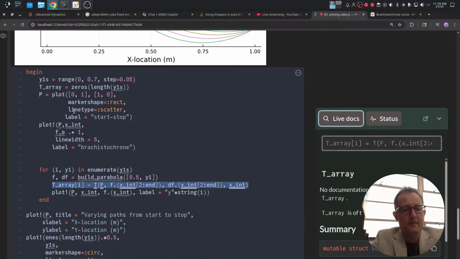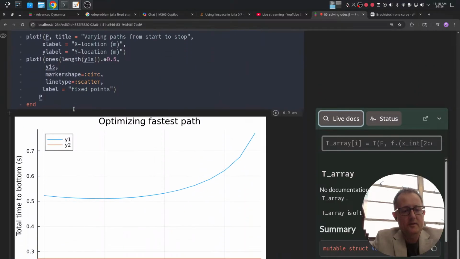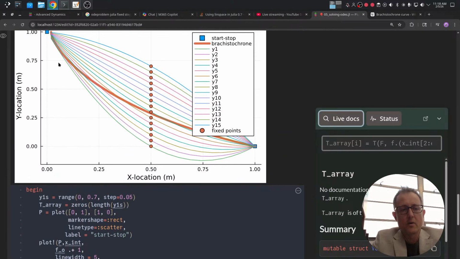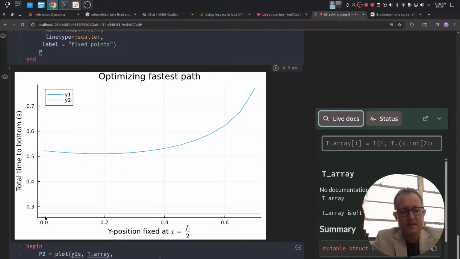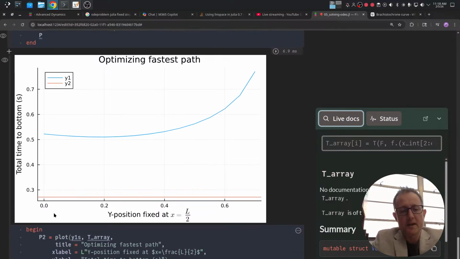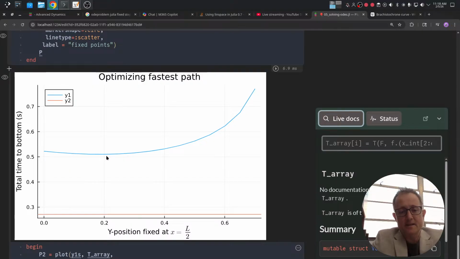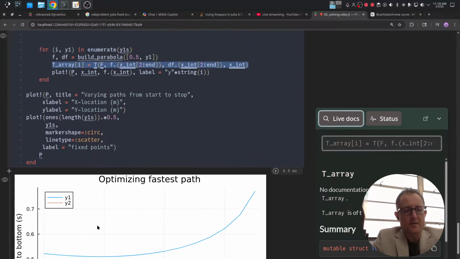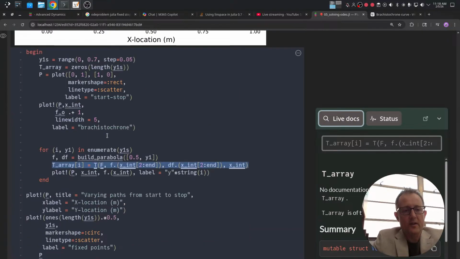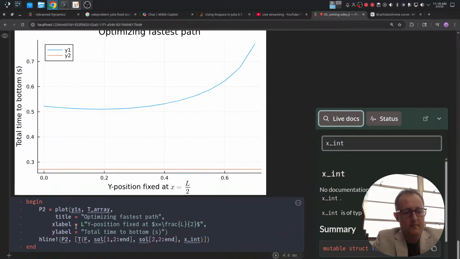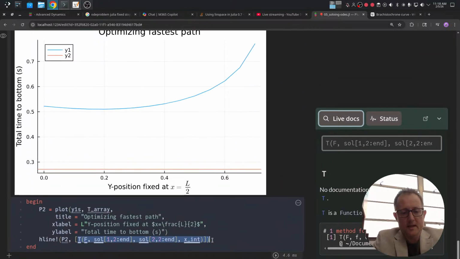And if I compare that to the time that it took to follow this orange path, I can see it was 0.25 seconds or something, versus even the fastest parabola was half a second. And that's what I'm doing here. It's like calculating what is the total time using that brachistochrone solution.